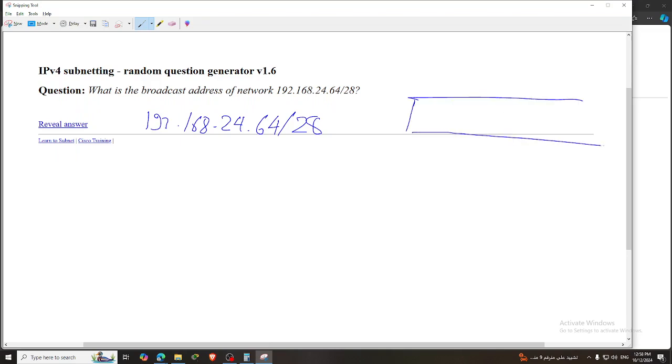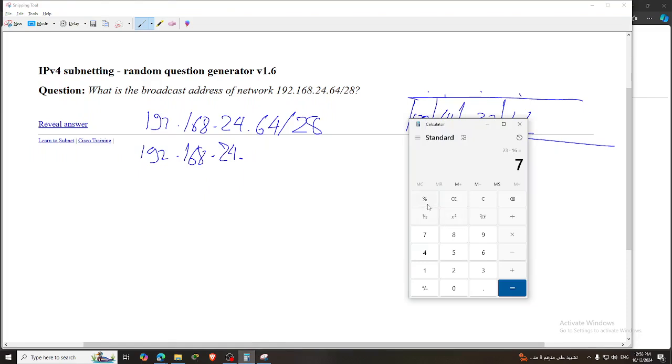So here 128, 64, 32, and 16. 1, 2, 3, 4. This is our increment number. So if we type like that, 192.168.24, and we add 16 to this number, basically 64 plus 16 equals 80.